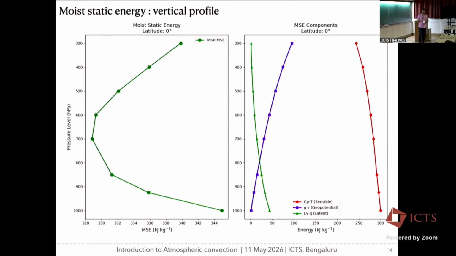It has a nice minima at the middle level, which actually encouraged many people to come up with schemes to model convection, looking at fixing different processes nudged to this level.